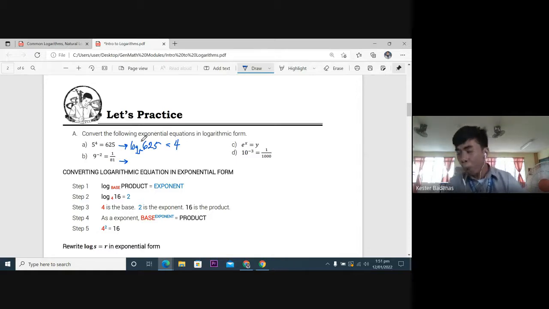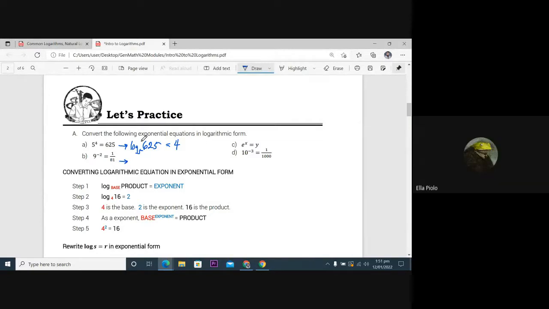Letter B. Sino una? Sige, Ella. Logarithm 1 over 81 to the base of 9 equals -2.